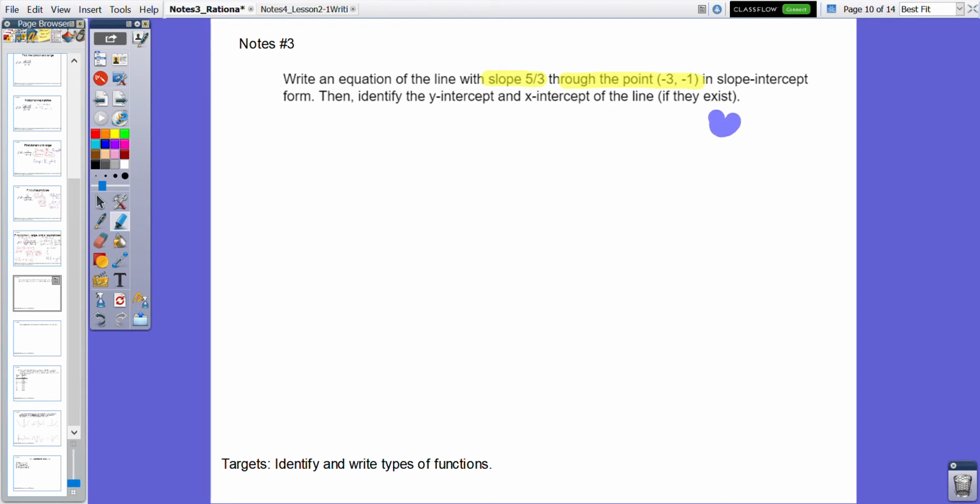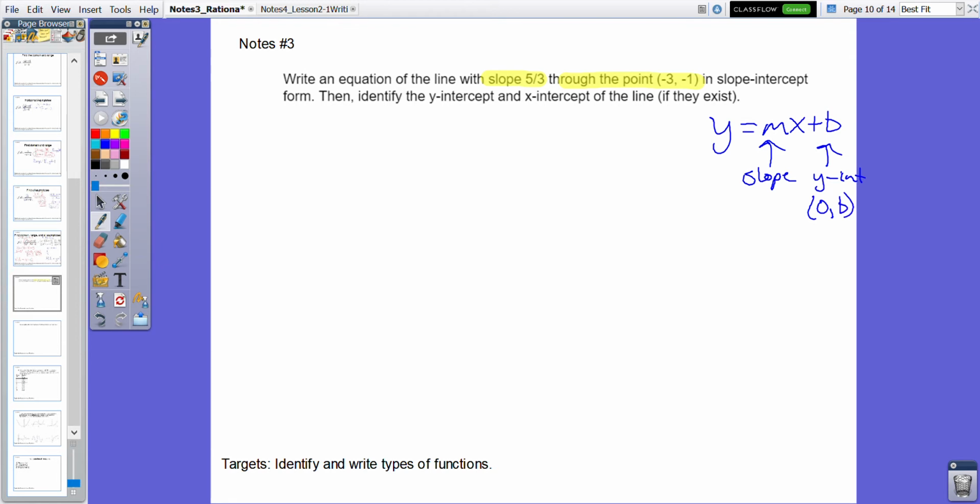So y, let me try writing this with a pen instead of a highlighter. So that's y equals mx plus b, where m is your slope, and b is the y value of your y-intercept, which is basically the point (0, b).